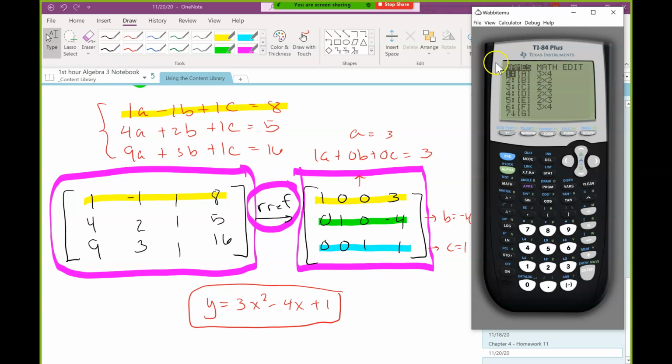And then from the names tab, I'm going to select the matrix A that we just wrote by pressing enter. And then I'll just close my parenthesis at the end and press enter. And there's my output from the calculator that we interpret as A = 3, B = -4, and C = 1.